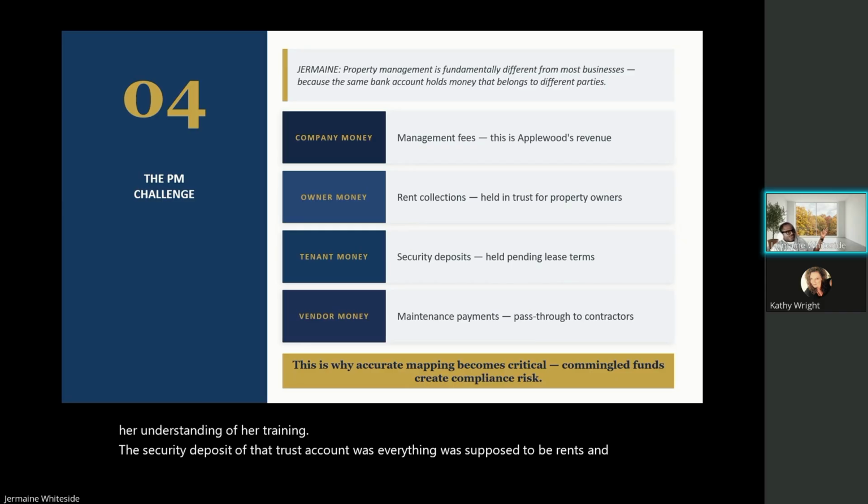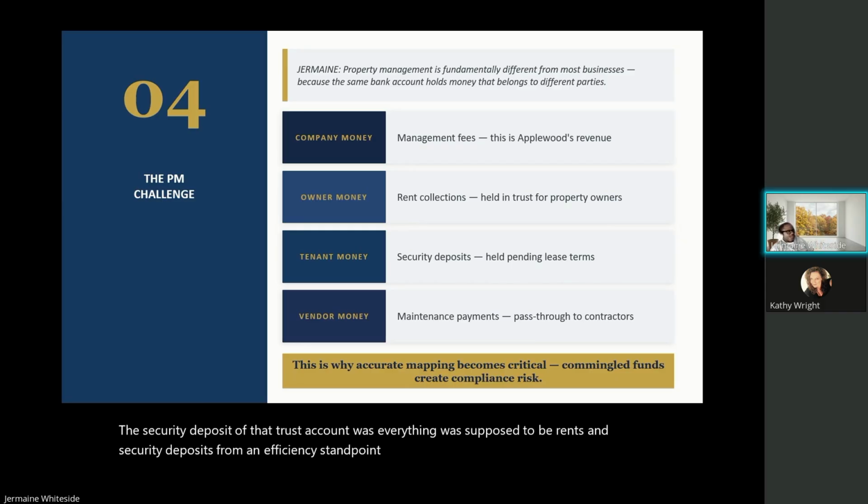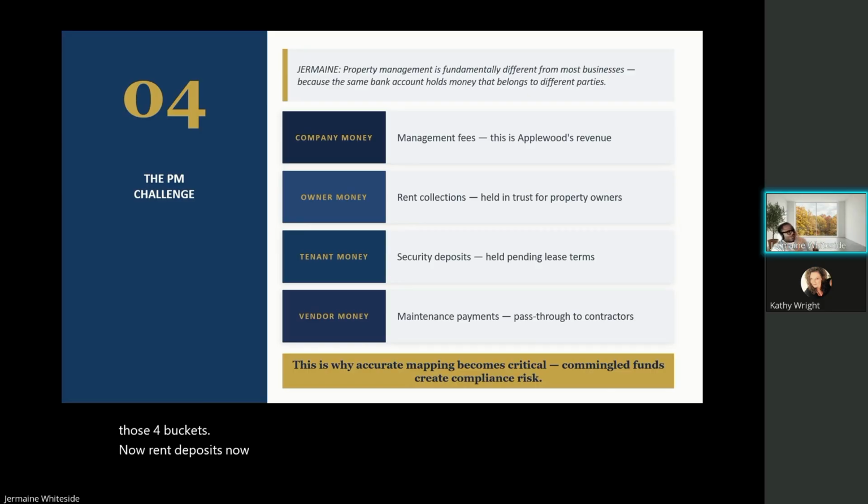From an efficiency standpoint, and let's talk from a bookkeeper standpoint, it's just cleaner to have one account for all of your security deposits. So when you're reconciling that account, you see nothing but deposits. Easy to go into one of those four buckets. Now, rent deposits in a new system have their own trust account. Nothing goes in there but rent deposits, and the only things that come out of there are management fees and reimbursements.